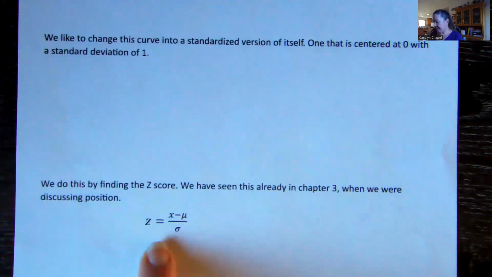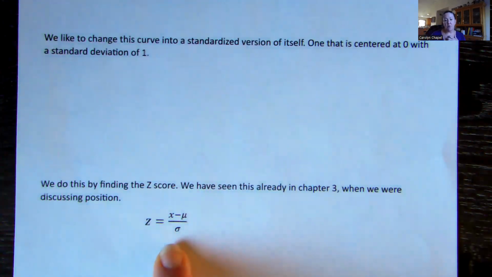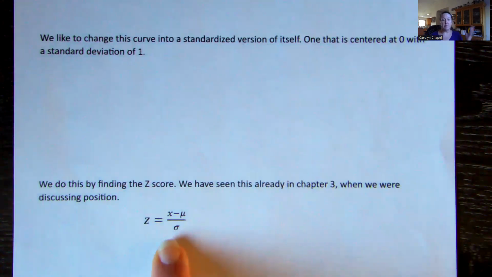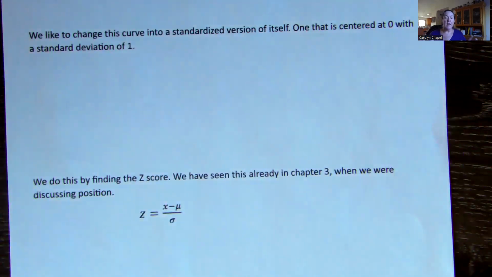And we get to that standardized curve by looking at z-scores, which we saw in chapter 3 when we were looking at position. And we will see this again a little bit later in chapter 7, actually in the next section, how we take any normal curve and, what I like to call, standardize it and turn it into the standard normal curve.